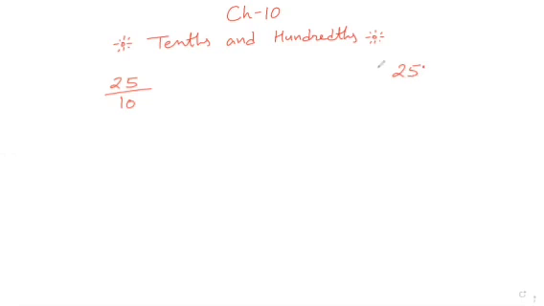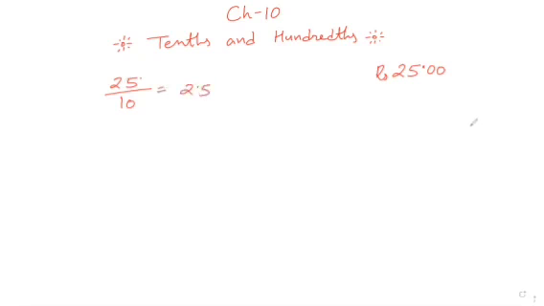For example, when we write 25 rupees, sometimes we write 25.00. That means a decimal is always there, but where? After the ones place. That's why tenths and hundredths places are known as places after the ones place. So 25 upon 10 is a fraction. Now you see the decimal is here. Whenever we divide by 10, this decimal shifts one place. So this can be written as 2.5.